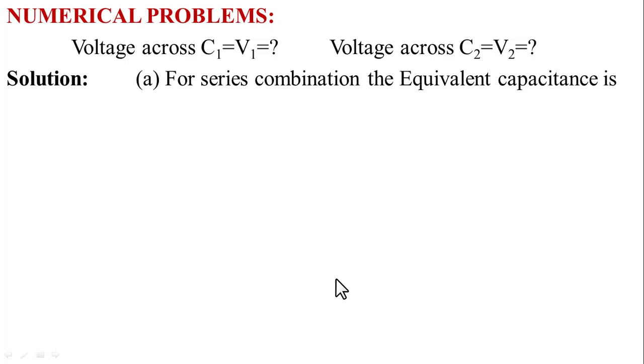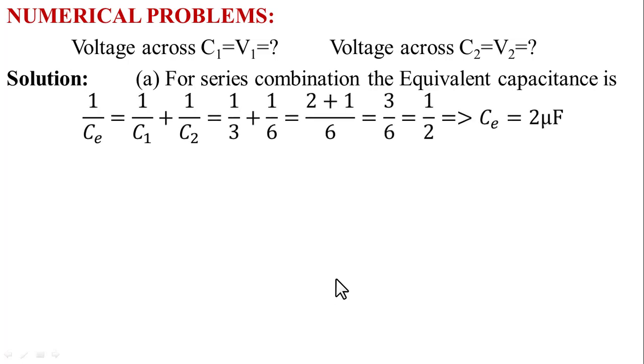In the first part, for a series combination, the equivalent capacitance is 1 upon CE equal to 1 upon C1 plus 1 upon C2. So 1 upon CE is equal to 1 upon 3 plus 1 upon 6.